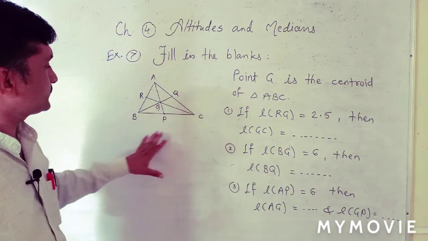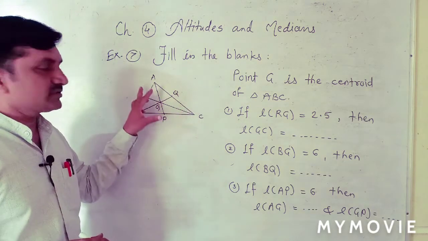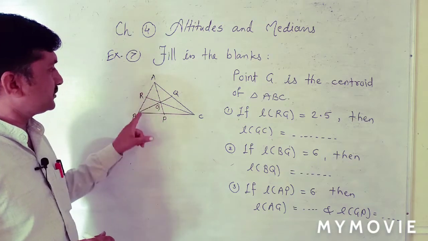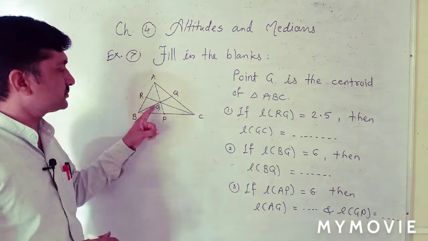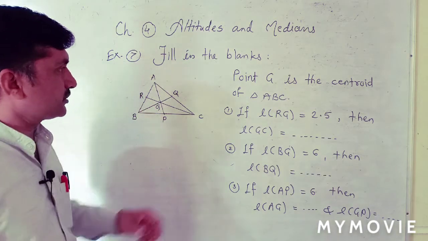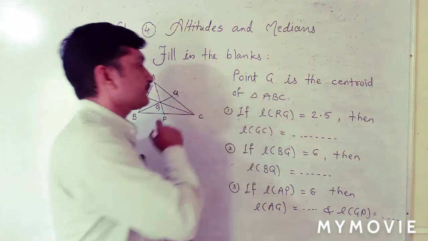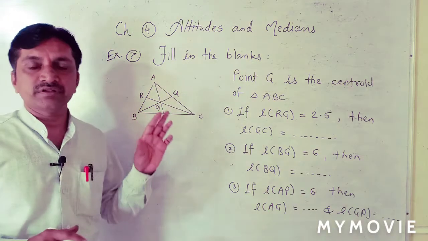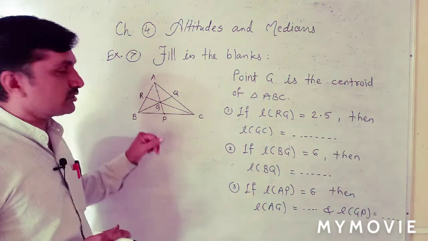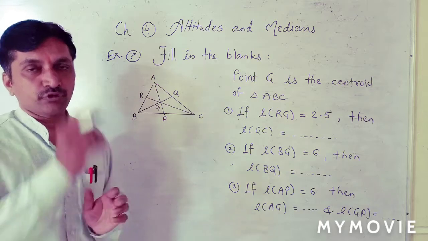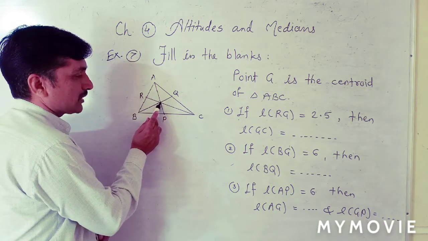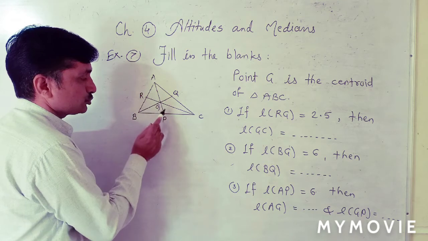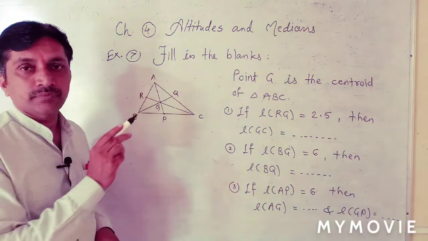Just fill in the blanks. Triangle ABC is shown. AP, BQ and CR are three medians. G is the point of concurrence, meaning centroid. It is given here that point G is the centroid. The property of the centroid is that the centroid divides the median in a 2:1 ratio. From the vertex to the centroid is 2 parts, and from the centroid to the midpoint is 1 part.